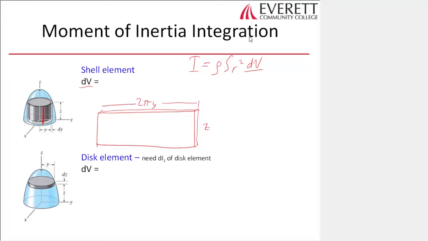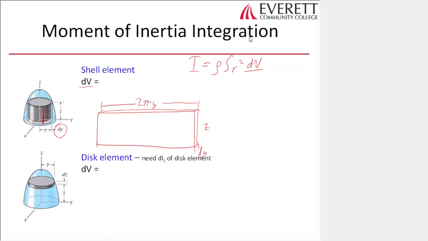And then finally we need the thickness. What would the thickness be? Well, that one's kind of tricky, but it's actually written right here. It's just going to be a small change in y, right? Because there's a little bit of a thickness in y. So that thickness here is going to be dy.